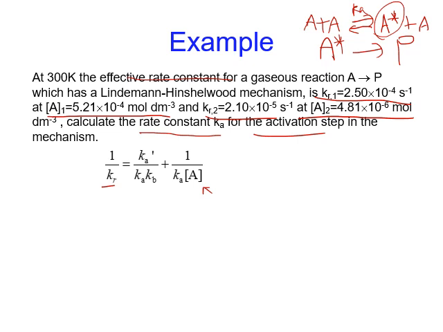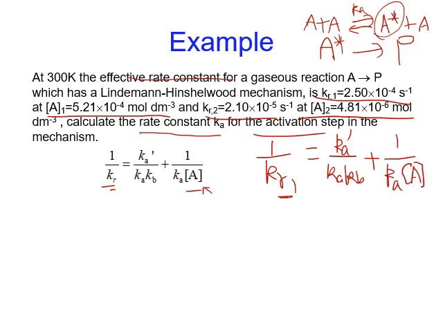The Lindemann-Hinshelwood mechanism says that the effective rate constant is a function of concentration. If we measure at different concentrations, we can write two different equations. One is 1 over Kr1, when the concentration is A1: this constant Ka Kb doesn't change, plus 1 over Ka times 1 over A1.